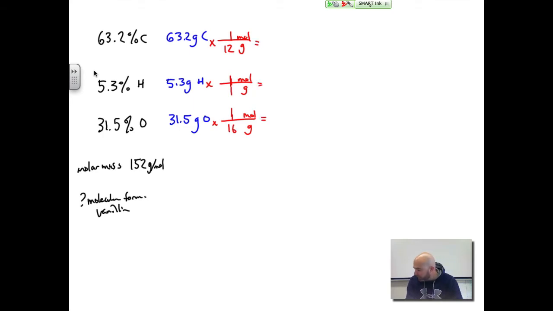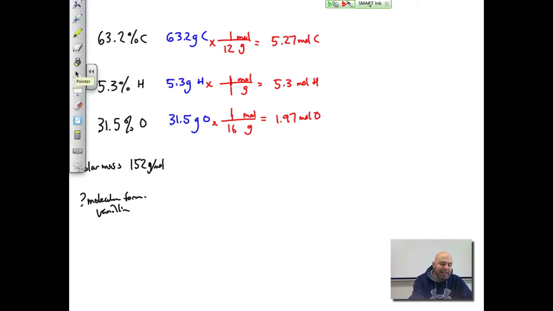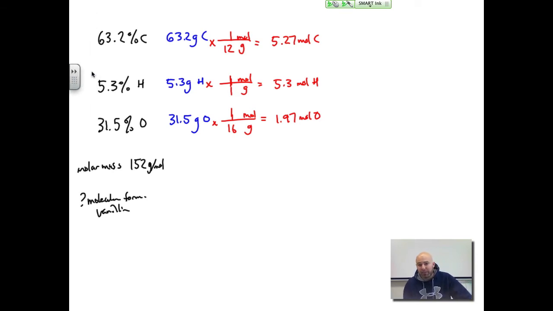Now I'm going to divide these. I get 5.27 moles of carbon, 5.3 moles of hydrogen, and 1.97 moles of oxygen. That's my moles. My next step, which sometimes people forget, is to divide by your smallest moles.